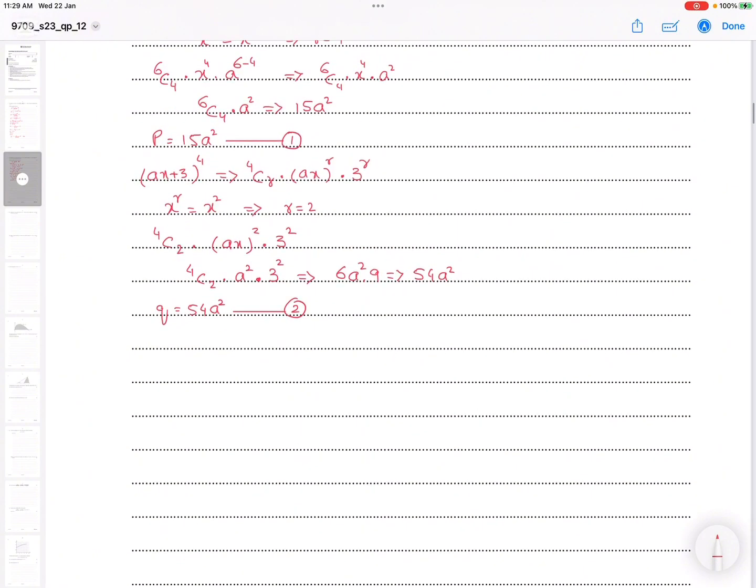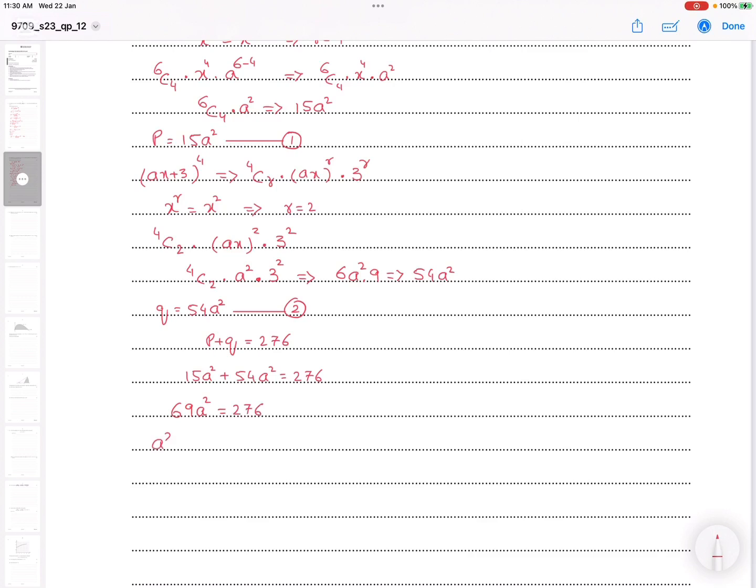And given in the question, he said p plus q equals 276. So we have p, 15a squared, plus q, 54a squared, is equal to 276, and by simplifying we get 69a square is equal to 276.